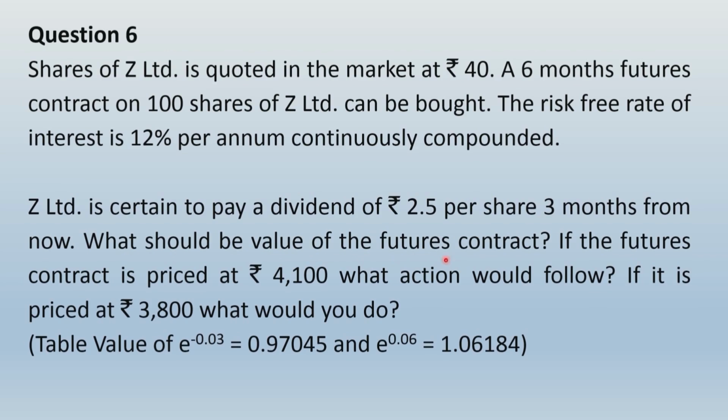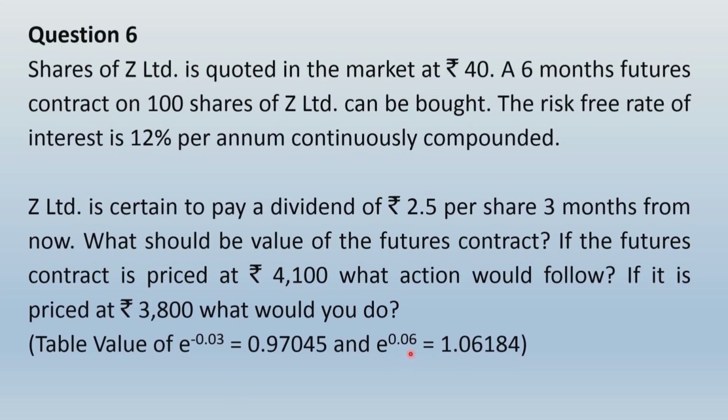What would be the value of the futures contract? If the futures contract is priced at rupees 4,100, what action would follow? If it is priced at rupees 3,800, what would you do? They have given the table values of e raised to minus 0.03 and e raised to 0.06.